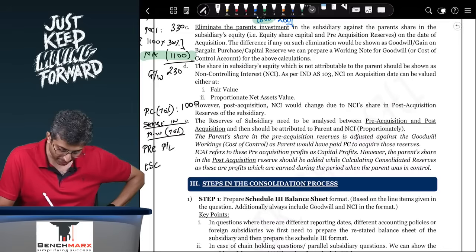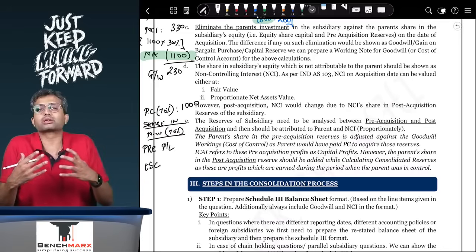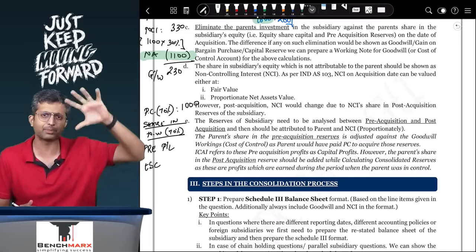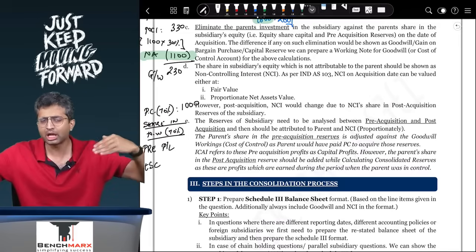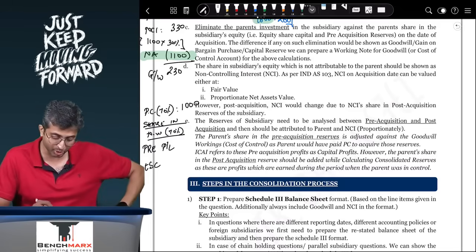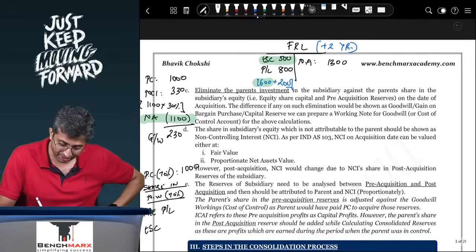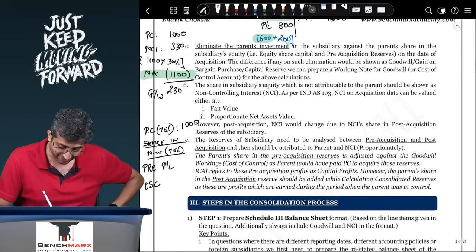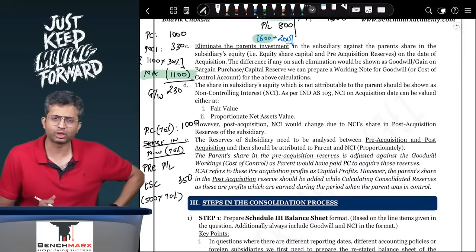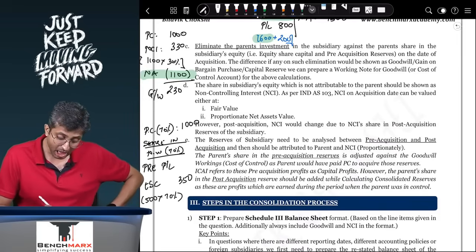So over here, this is pre-profit and loss and equity share capital. We cannot consolidate the equity share capital because share capital will be the share capital of the parent. Subsidiary share capital is attributable to the parent to the extent of 70%, remaining 30% is attributable to NCI. So we will say today I can see 500 ka 70%. So this is 500 into 70%, that comes to, let us say, 350, attributable to your share in the net worth, which was there as on the date of acquisition.